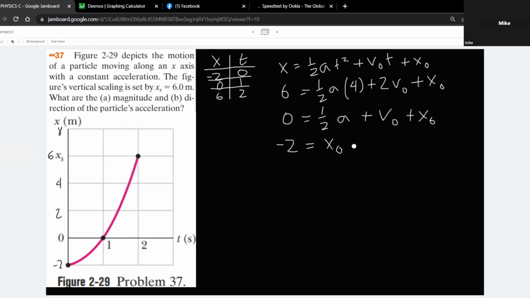Ang advantage kasi niyan, kaya mong gamitin yung calculator natin para i-solve yung system niyan. Yung simultaneous equation. Oo. Gawin ko rin.